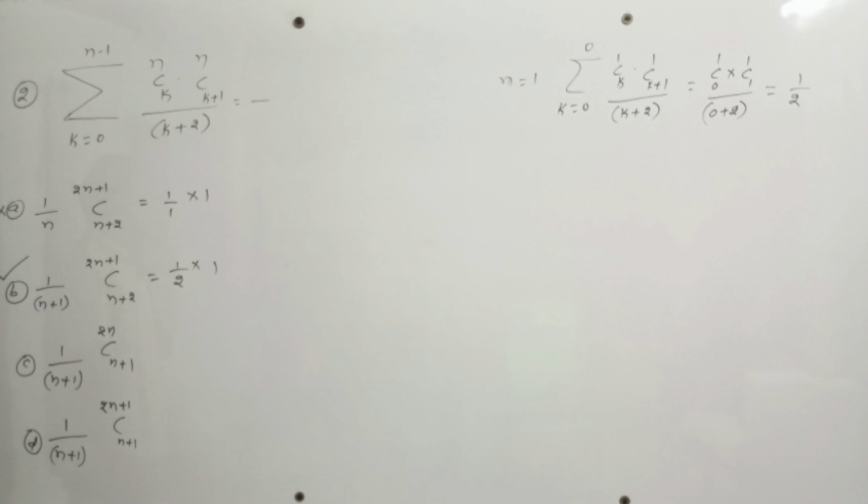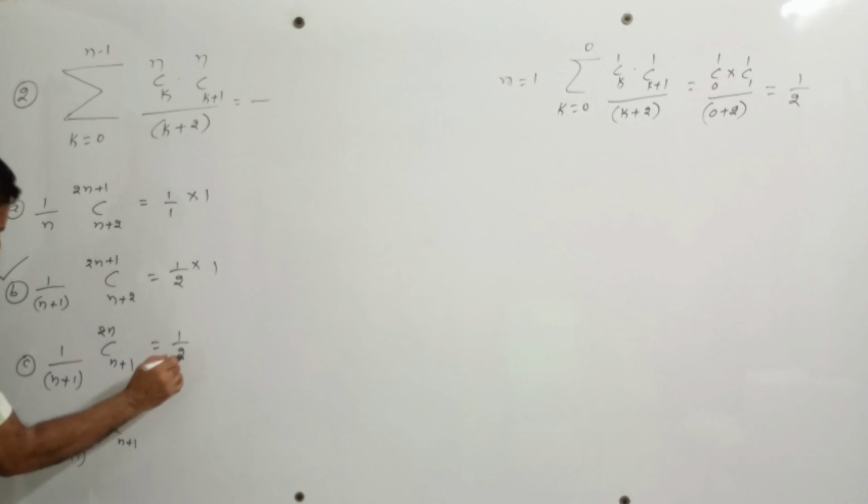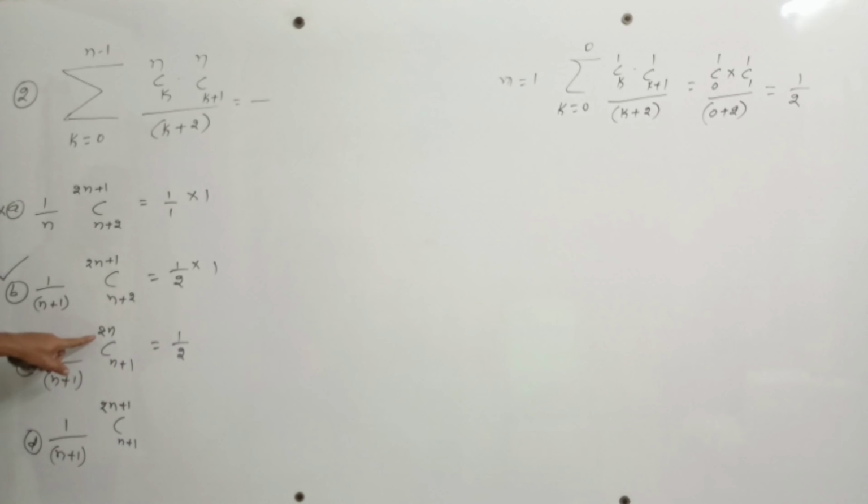Now itself don't say that is the correct option. Now for n is equal to 1, 1 by n plus 1 becomes 1 by 2. This will become 2C2. We know 2C2 is 1. So here also I got 1 by 2. Therefore I can say this may be the correct option. Let me verify option D also.